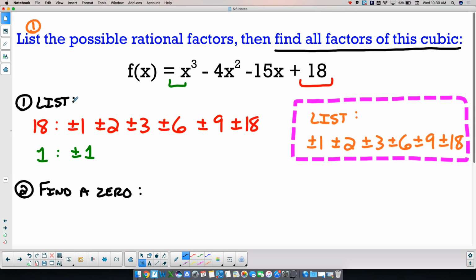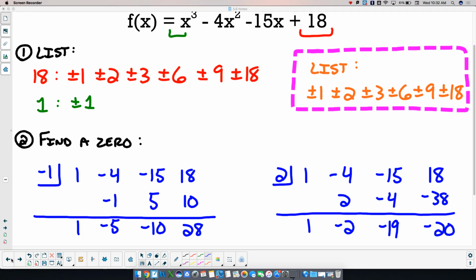These 3 rows, try 2. -1 side of the room, did you get it to work? Okay, I didn't get it to work. Did we all get 28 though? At the end? Okay, good. 2 side of the room, did you get it to work? Did you guys get -20 also? Okay, good. All right, so those 2 are off the list. Okay?